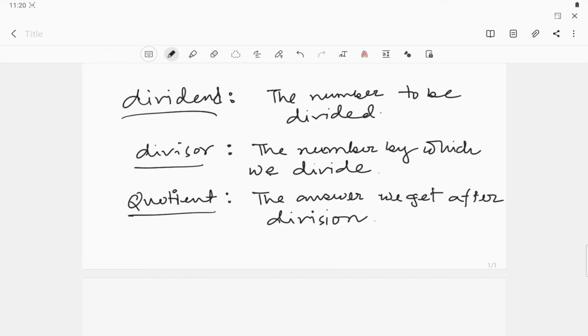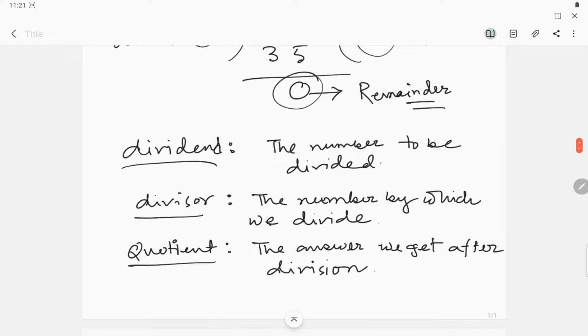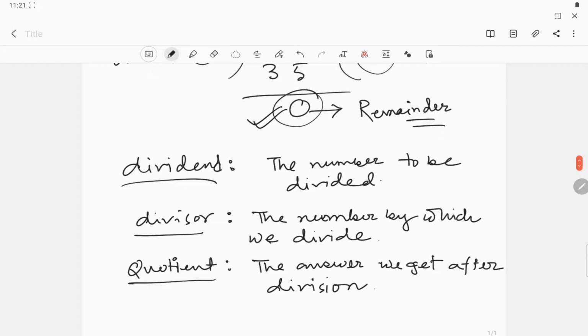And what is remainder? The number left after dividing. In this case, the remainder is 0. In other cases, we will get another one, 1, 2, 3, anything can be left after dividing. Okay, so there are 4 things: dividend, divisor, quotient and remainder.